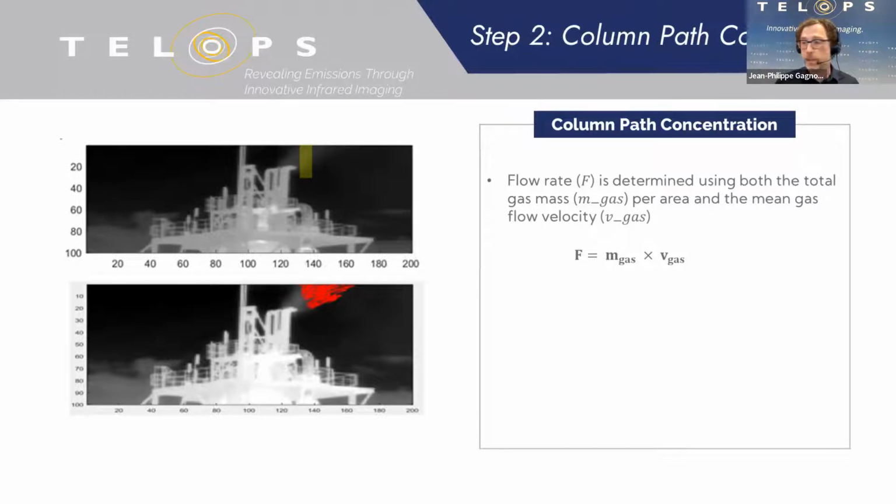So for example, in this little image, you see we've got some kind of chimney that emits the gas. We draw an imaginary rectangle, that's the yellow rectangle. And then we calculate how many grams of methane there are in that little rectangle. By again exploiting the data that we get from the Hypercam, we know the gas displacement velocity, which in some cases we can take as the simple wind velocity.